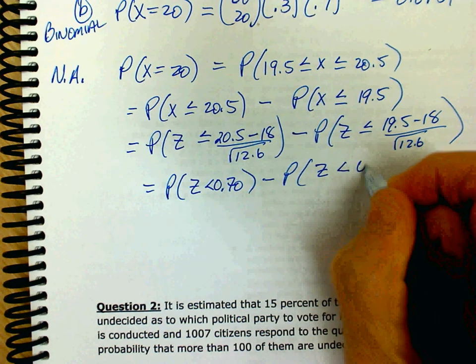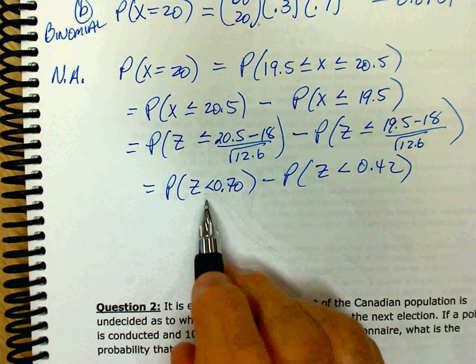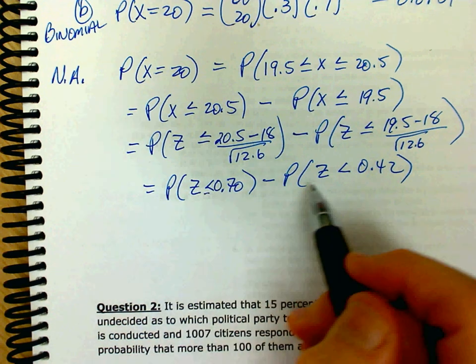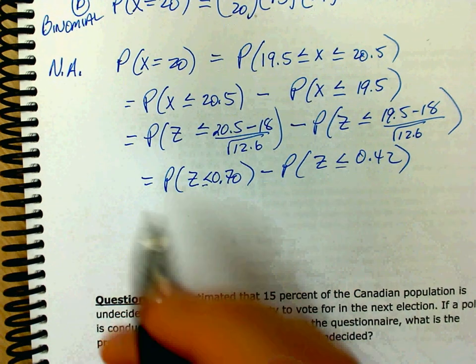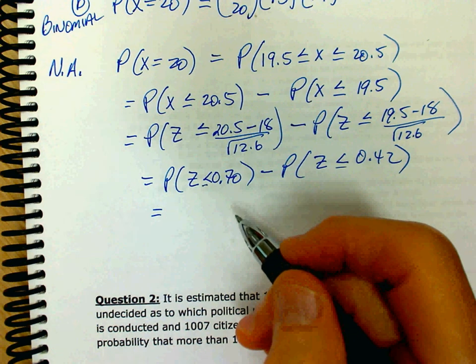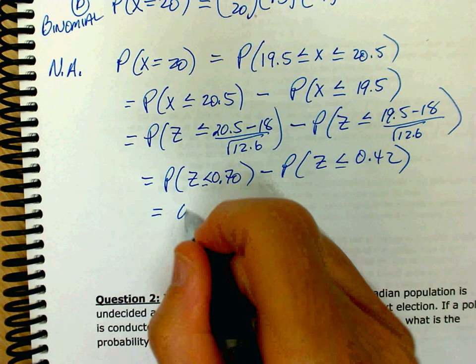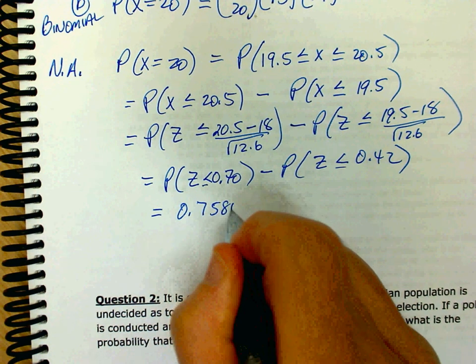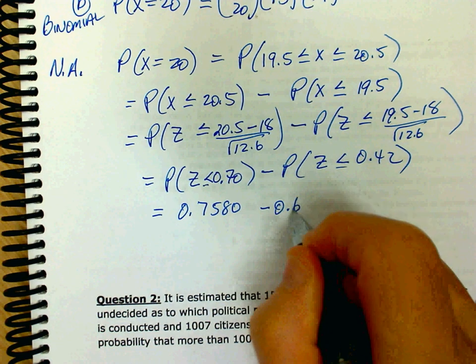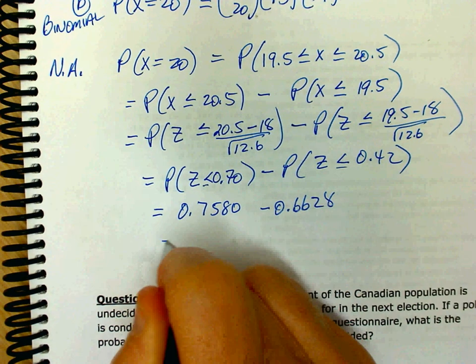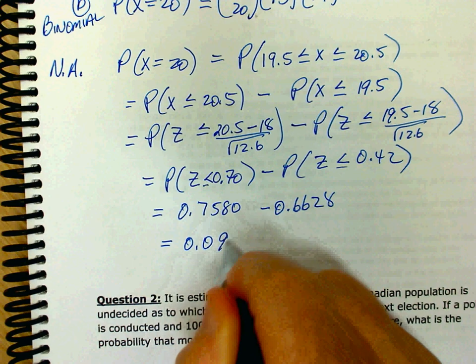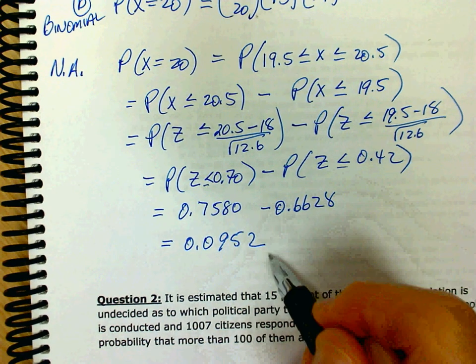Notice whether I put an equal or not, it doesn't really matter. And if you look up those values, we get 0.7580 minus 0.6628, and that is 0.0952. So notice they're not equal, but they're similar.